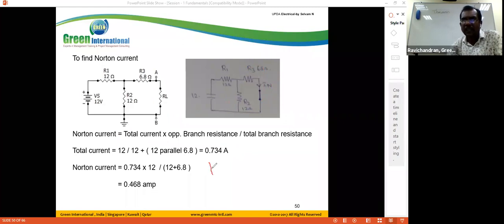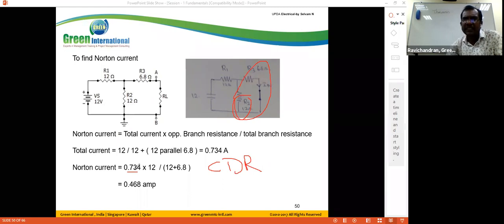Then apply Kirchhoff's current law, the current division rule. Total current into opposite branch divided by total branch resistance.